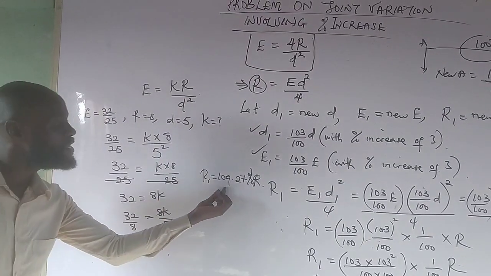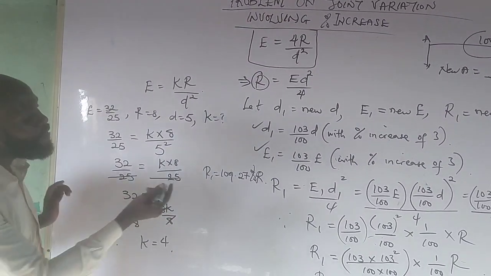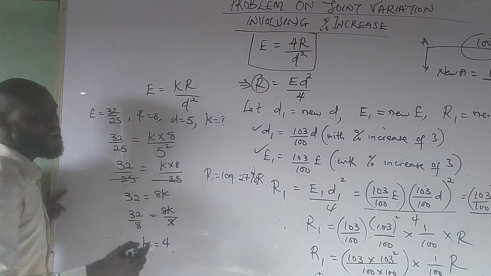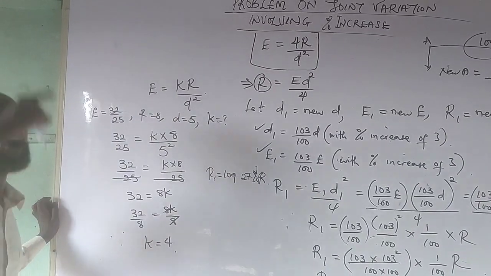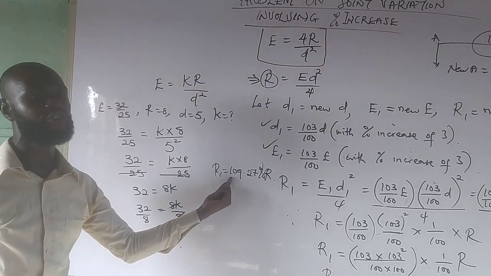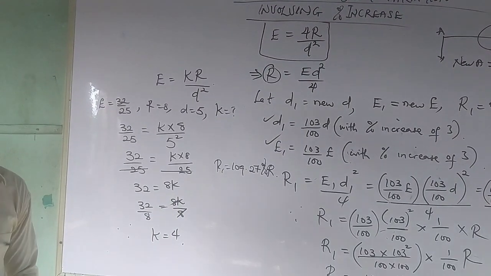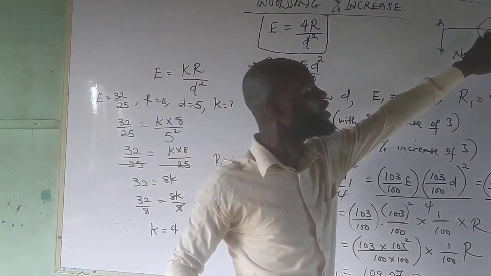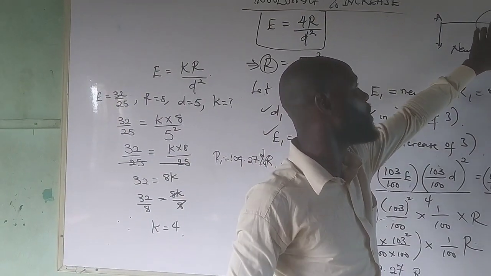So that means there is an additional value to this 100 here. When you say 109.27, that means if you add 9.27 to 100, you get 109.27, because our base is always 100 with respect to percentage.